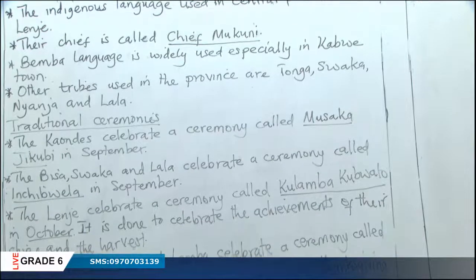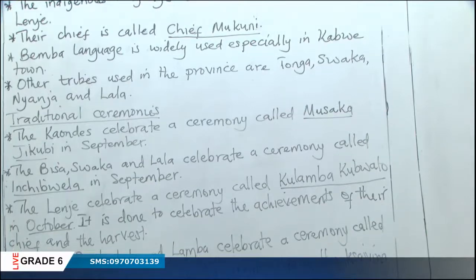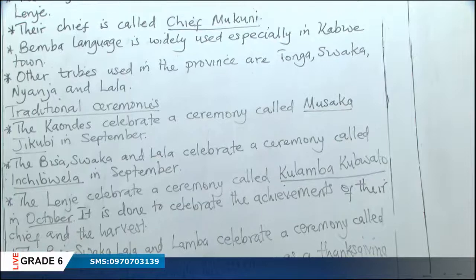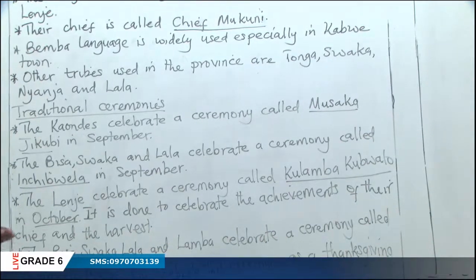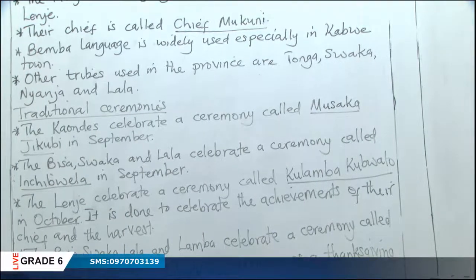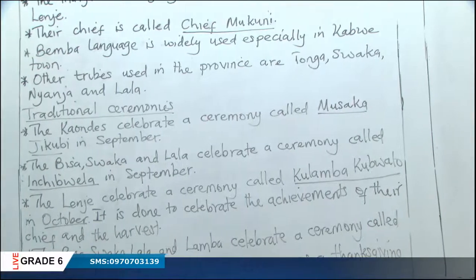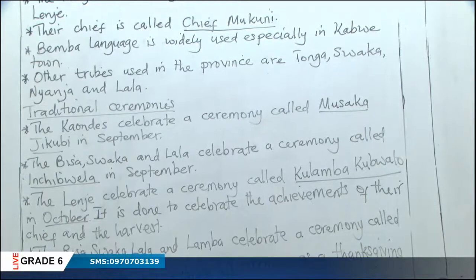Whatever the chief has achieved in that particular season or year, the Lenje-speaking people gather together to celebrate this ceremony. It also celebrates the harvest. Whatever they have harvested in their fields, they celebrate, and they thank God for the good rains and the good harvest.